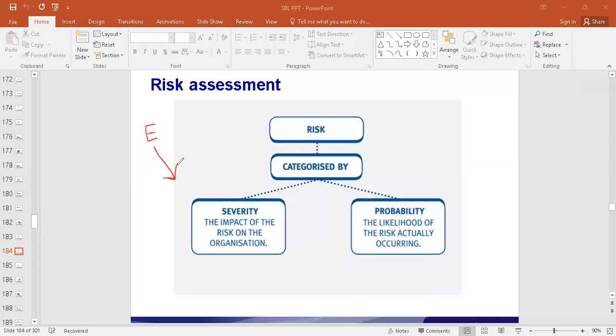That is taken as the impact of the risk on the organization. Monetary value, this is one variable. It is multiplied by the likeliness of such an event happening, the likelihood of the risk actually occurring.